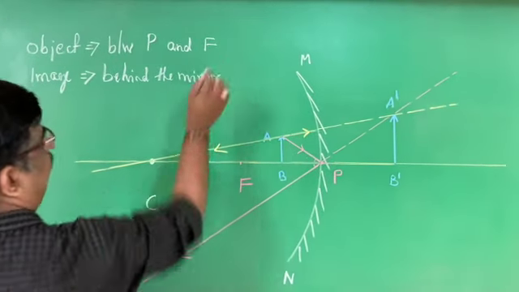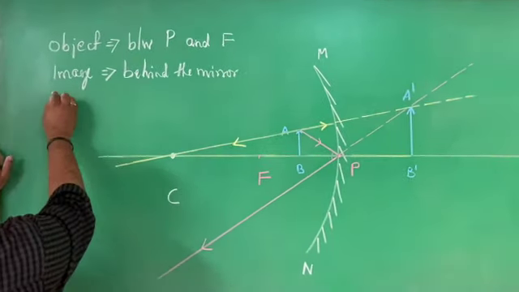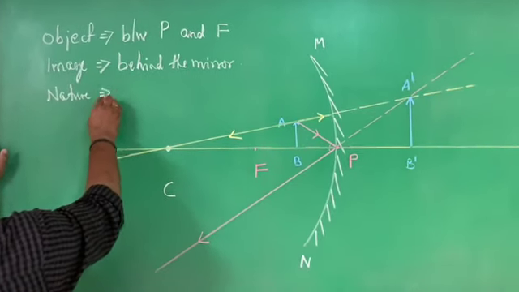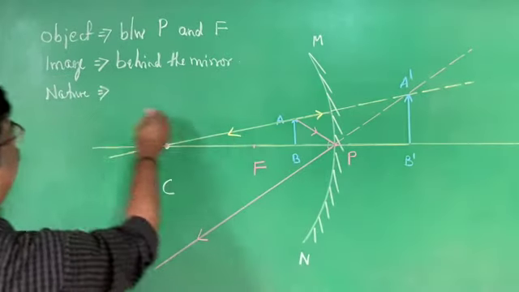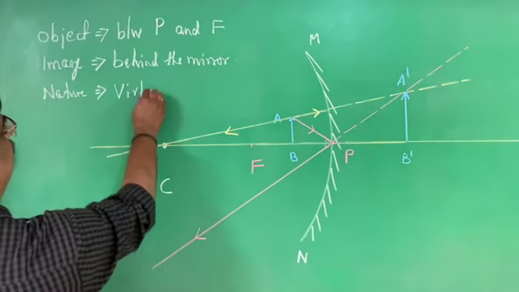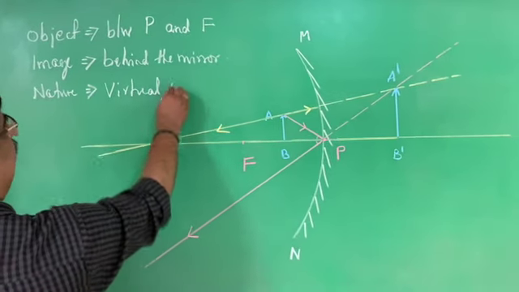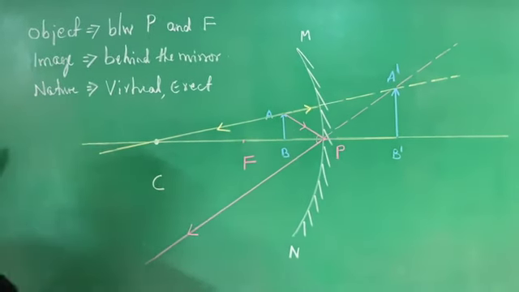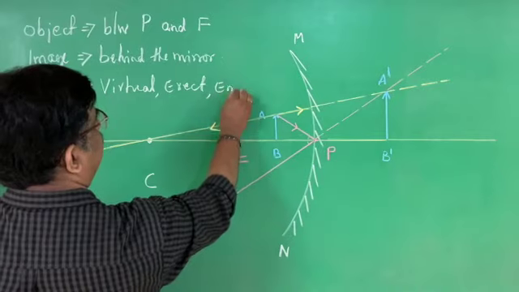Since it is from behind the mirror, it is virtual. Virtual images are erect images. It is erect and it is enlarged.